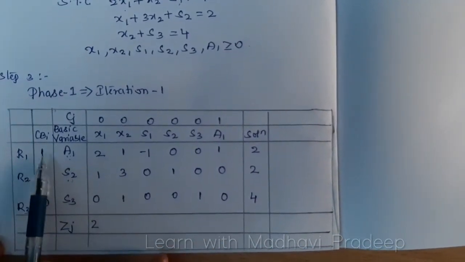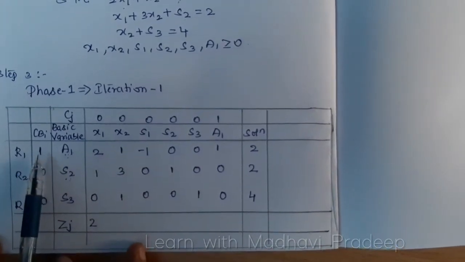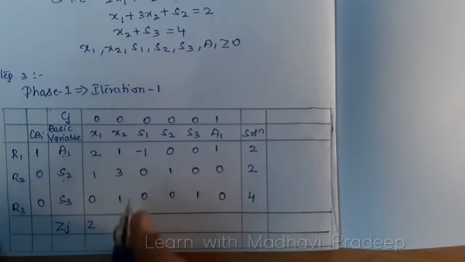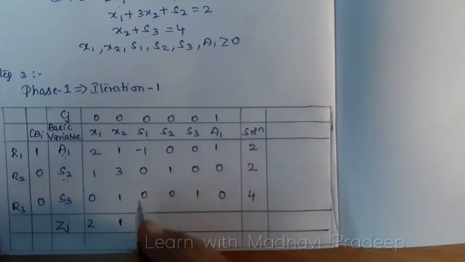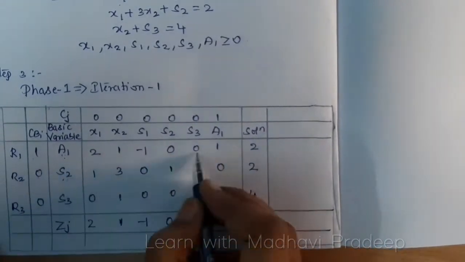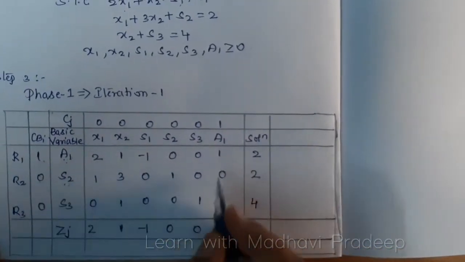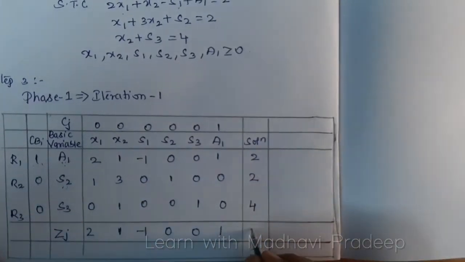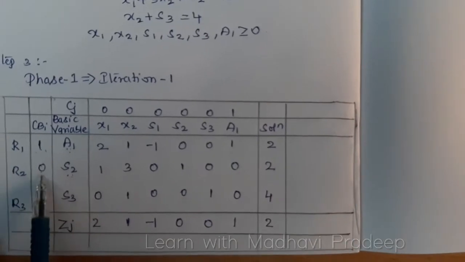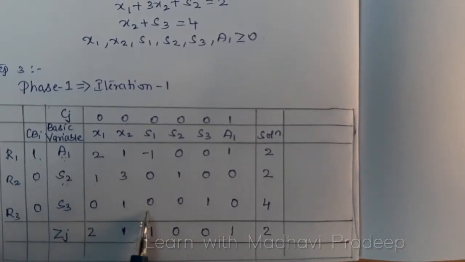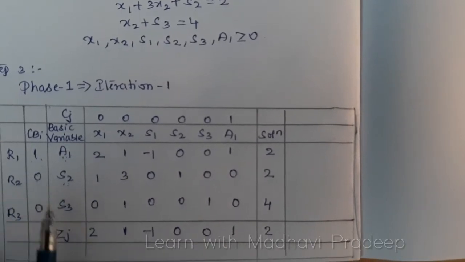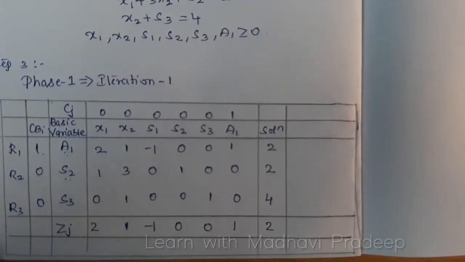So only the first row gives a value. Just multiply 1 into all these values and write down: 1 into 1 is 1, 1 into -1 is -1, 1 into 0 is 0, 1 into 0 is 0, 1 into 1 is 1, 1 into 2 is 2. Since we have 0 as the coefficient for the other two rows, they become 0, so only this value we get. If you have values there, then multiply, add and write down the values.